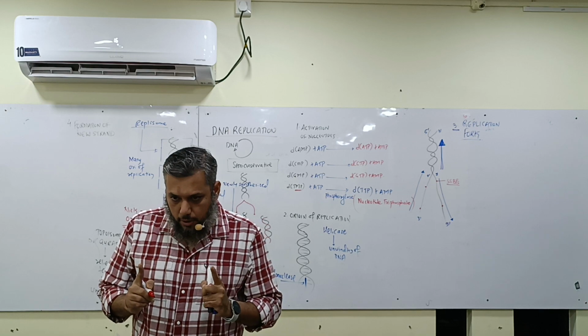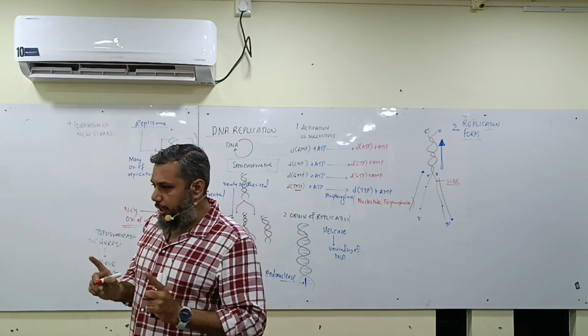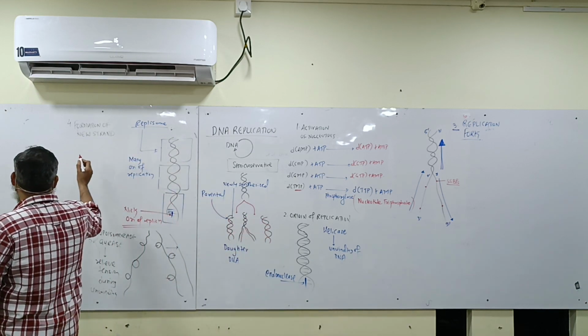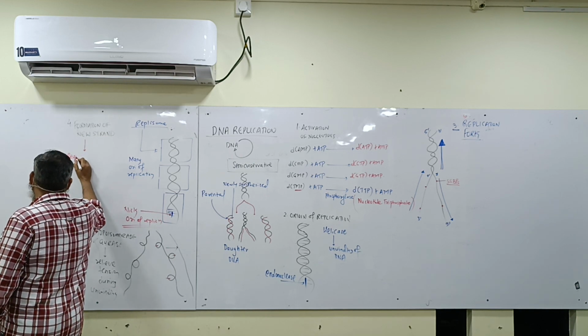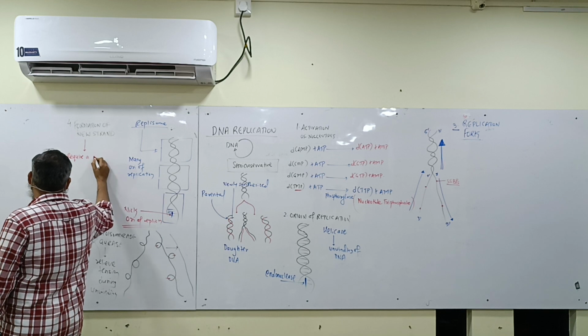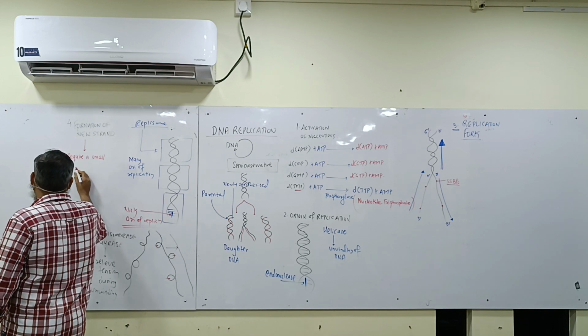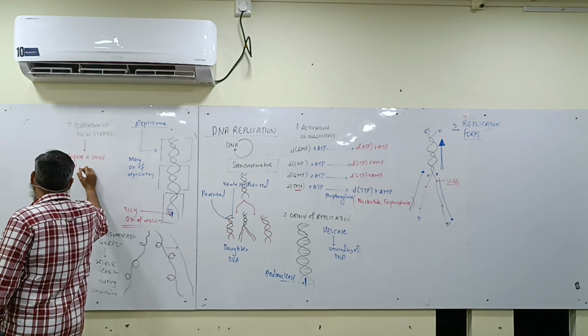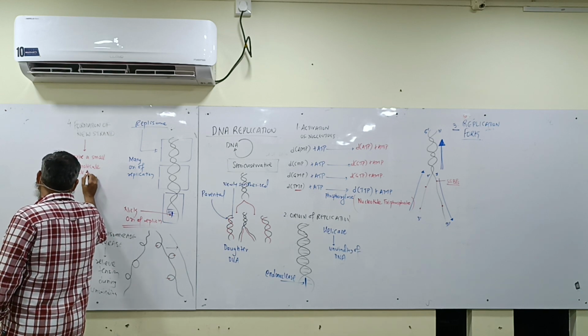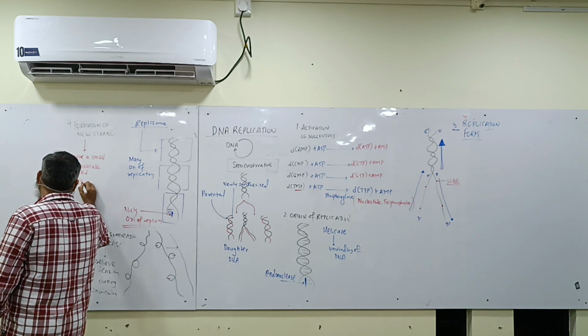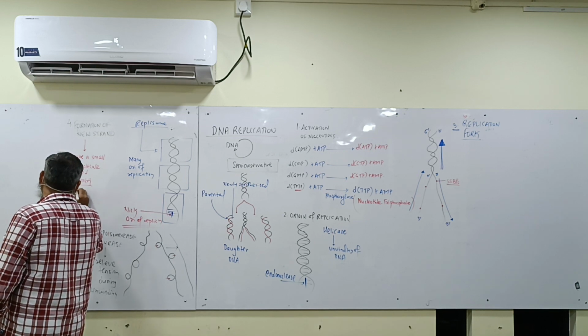Synthesis of a new strand will require what? A small RNA molecule which is called as a RNA primer.